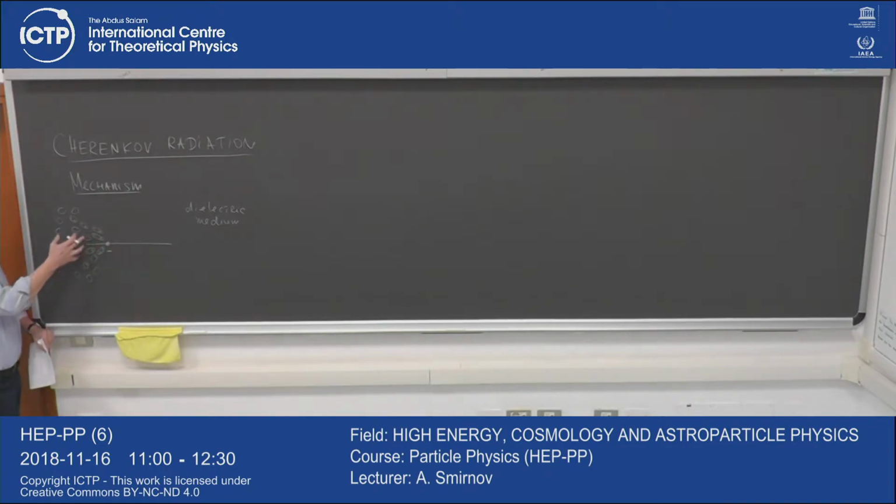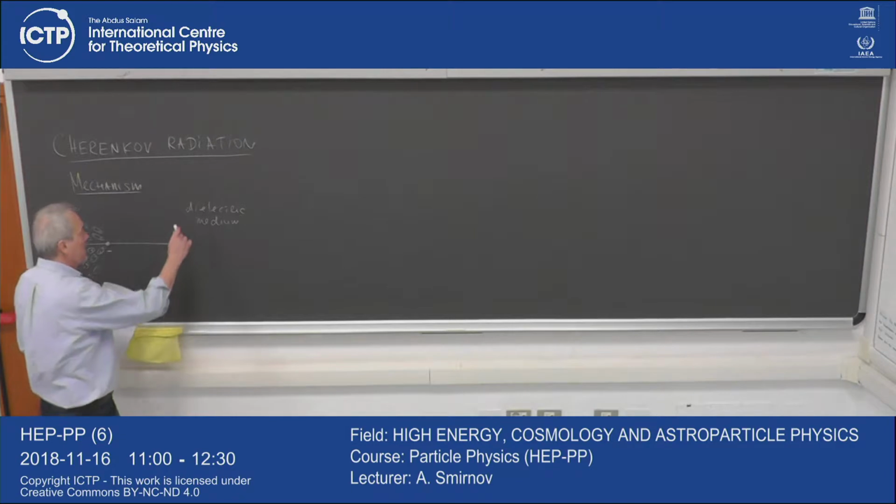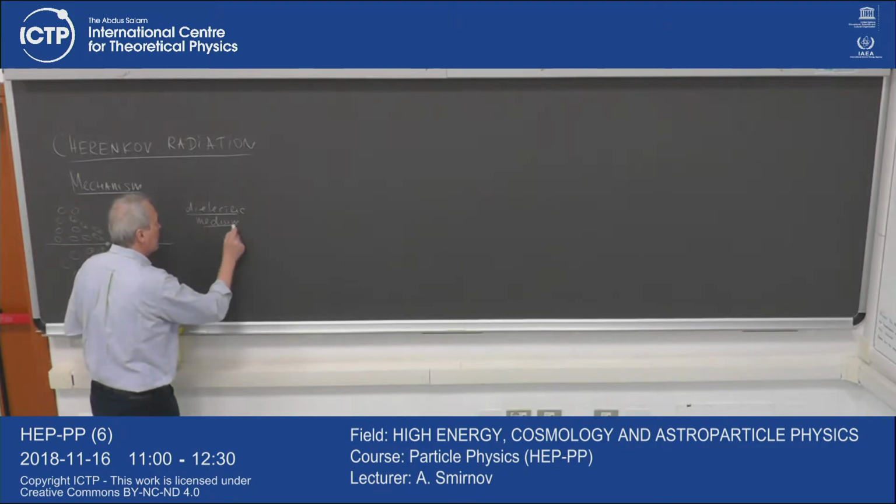What happens is depolarization, right? So you kind of, in a sense, excite molecules, and then there is de-excitation, and they emit some light. So what is important is that this is a dielectric medium.